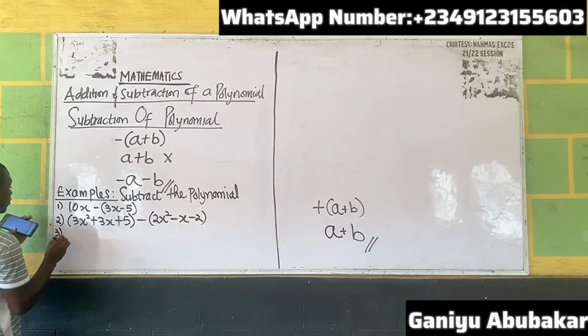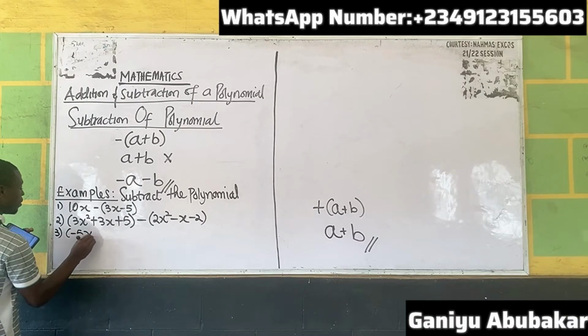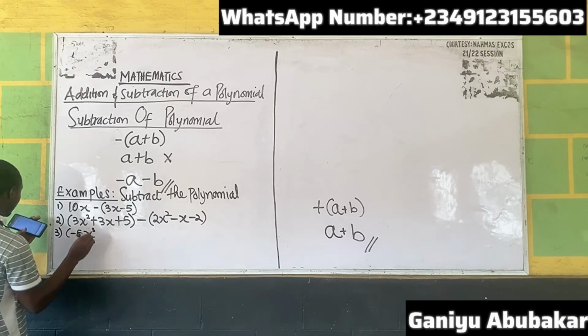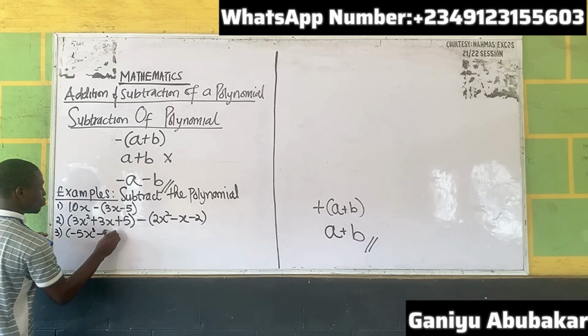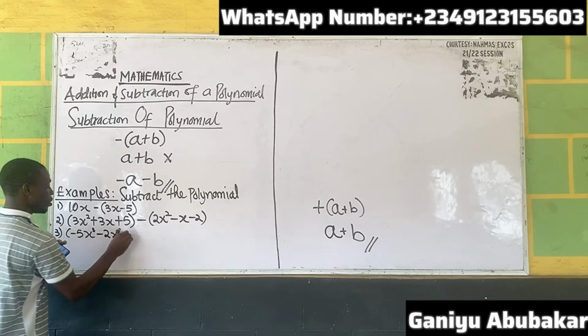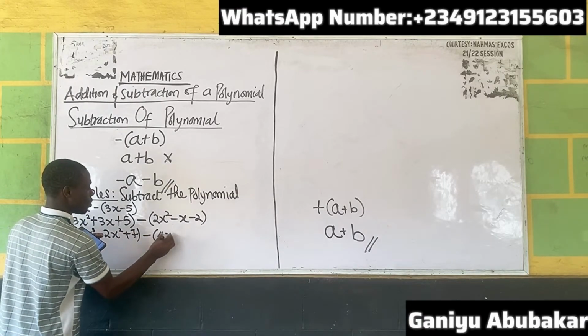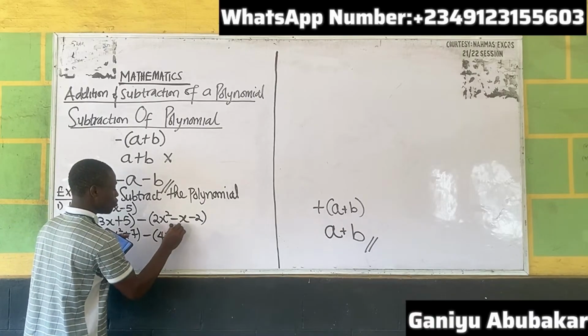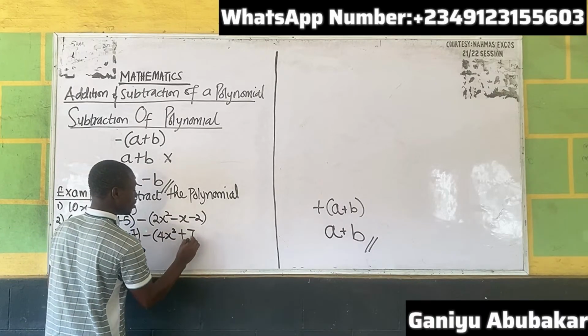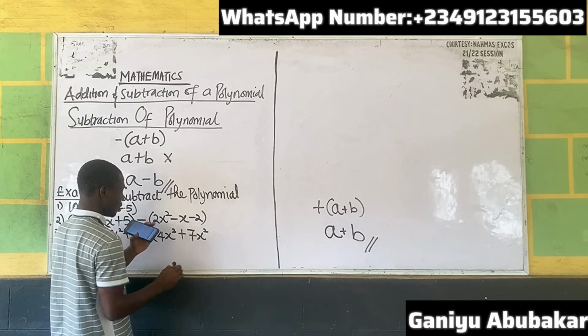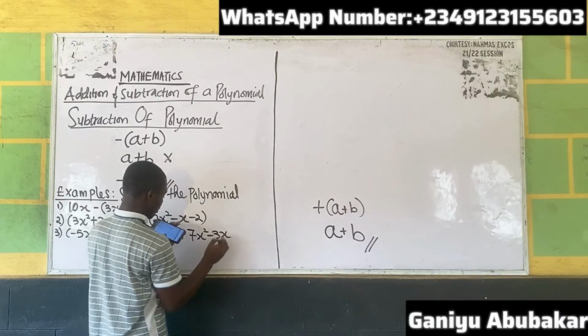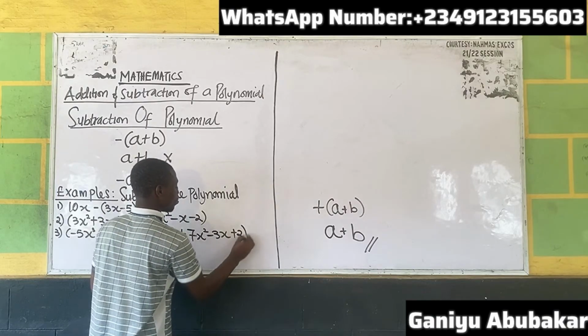Number three: minus 5x cubed minus 2x squared plus 7 minus (4x cubed plus 7x squared minus 3x plus 2).